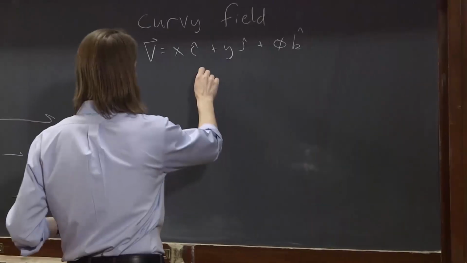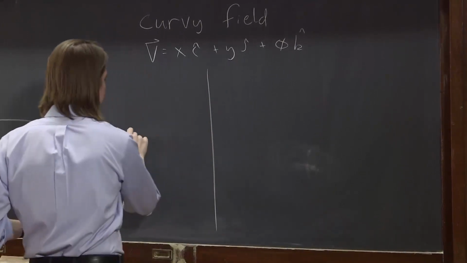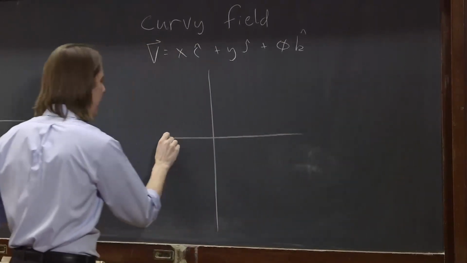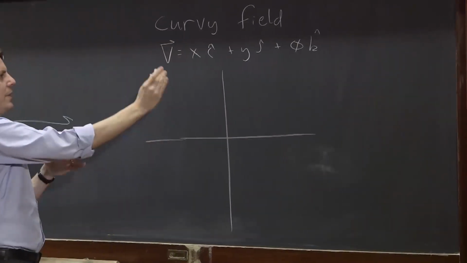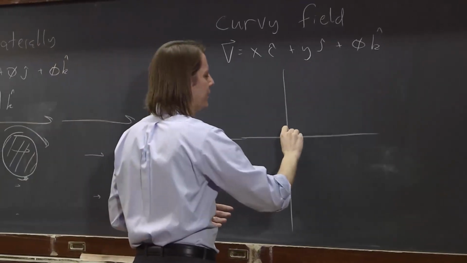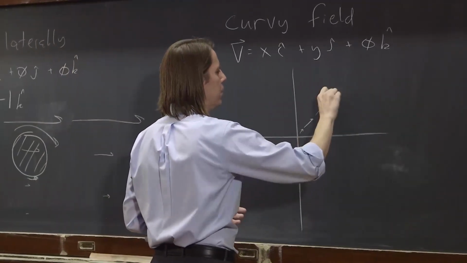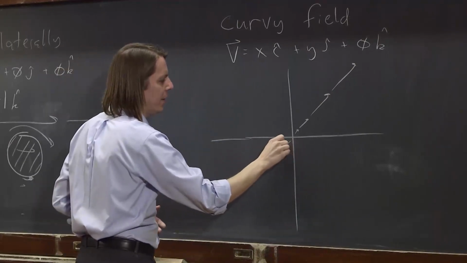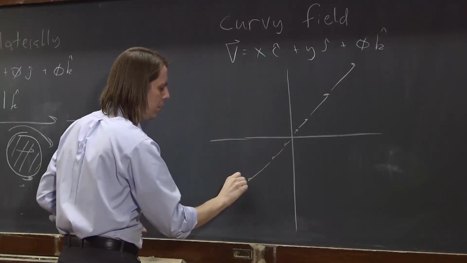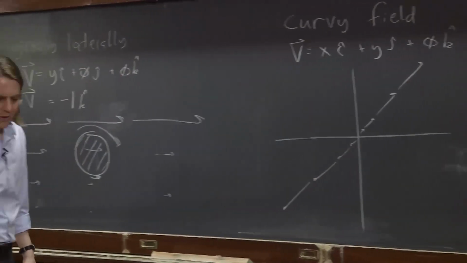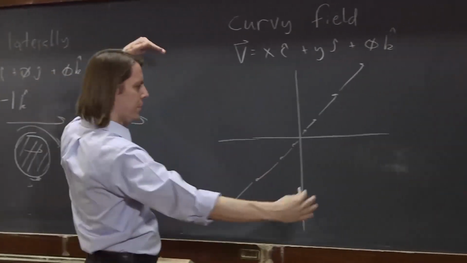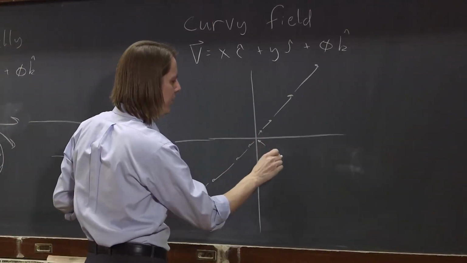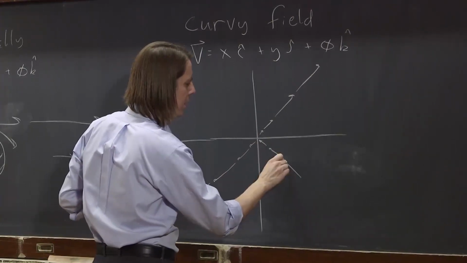If we were to draw an xy plane like that, well, it's always just x, y. So if you go along this line, it just kind of grows. And if you go negative x, negative y, it points down like that. And then if you go on these lines, it points in towards the origin like that.